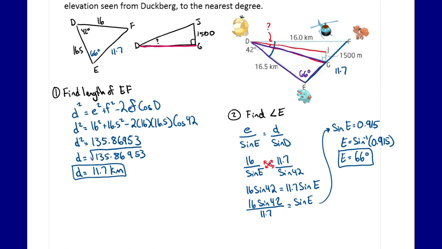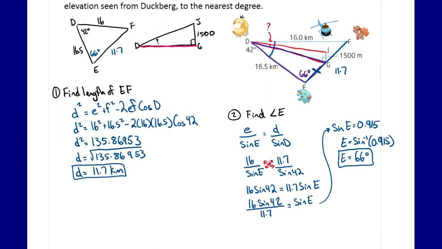Now I'm going to start to focus in. I'm going to move away from this larger triangle and focus in a bit more on this smaller triangle, DGE. I can do that because, one, I have angle E, and two, I actually have this side length right here. And that side length is actually half of 11.7, because it was already mentioned that the Carter copter, or the helicopter, is halfway between those two towns.